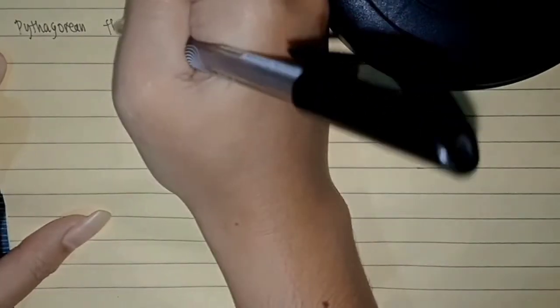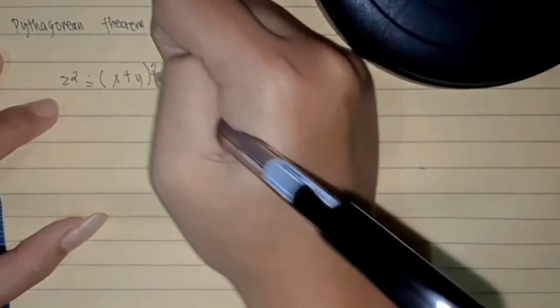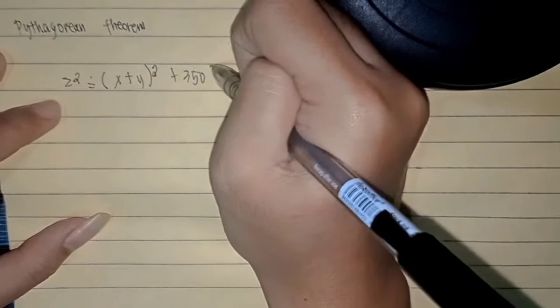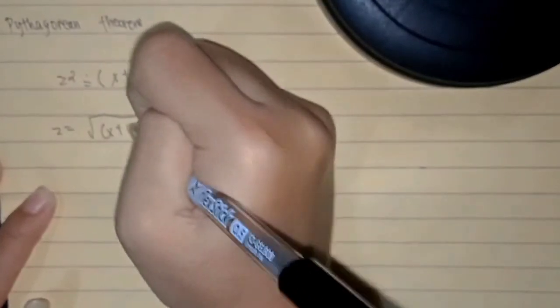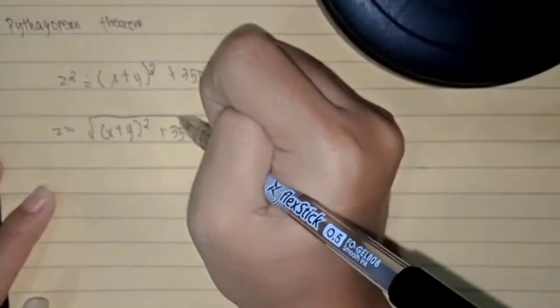At ngayon, gagamit naman tayo ng Pythagorean theorem. z squared equals (x plus y) squared plus 350 squared. And now, i-substitute naman natin yung mga given na nakuha natin kanina doon sa formula ng Pythagorean theorem. So, z is equals to square root of (x plus y) squared plus 350 squared.